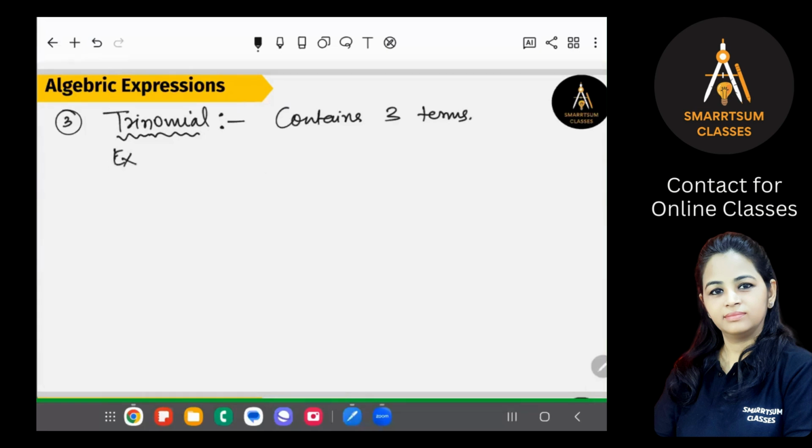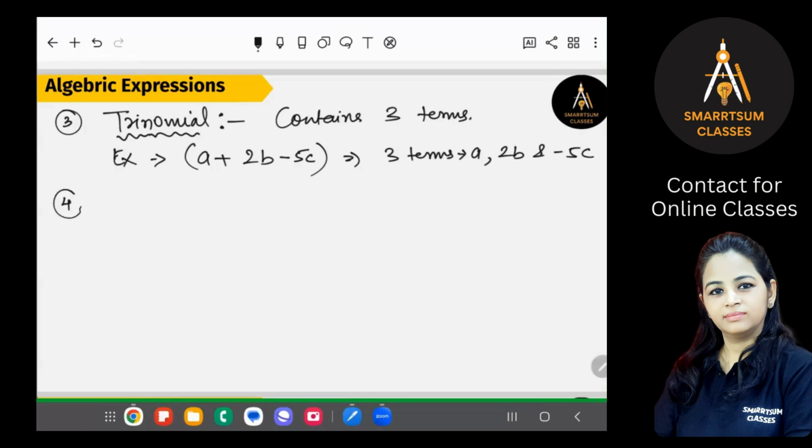For example, a plus 2b minus 5c, right? So there are three terms. And what are the three terms? a, 2b, and minus 5c. So these are the three terms of the algebraic expression. So since there are three terms, this is called a trinomial algebraic expression.